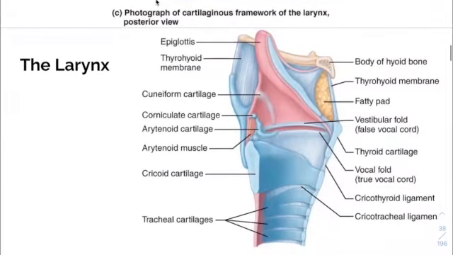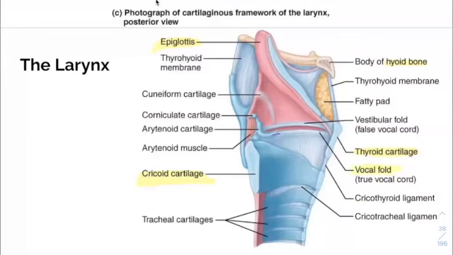Here's a drawing of it from the side. And you still see that hyoid bone. See the epiglottis. That's going to open and close. We have our thyroid cartilage, our cricoid cartilage. Here's our true vocal folds.